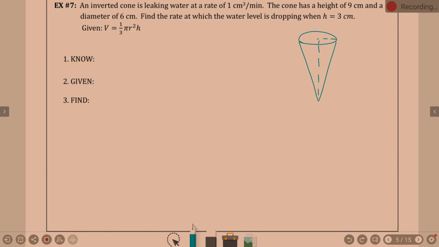An inverted cone is leaking water at a rate of 1 cubic centimeter per minute. What is that? Leaking water, negative. Derivative of what?